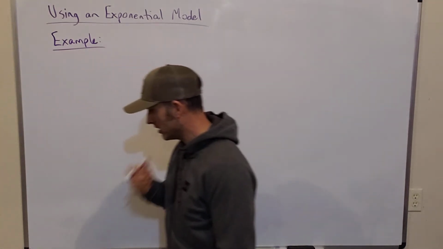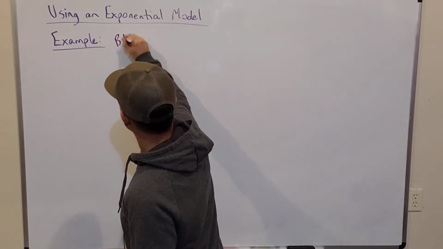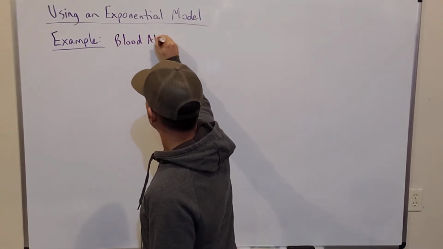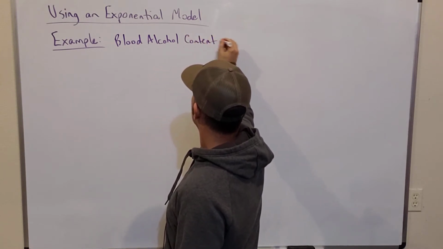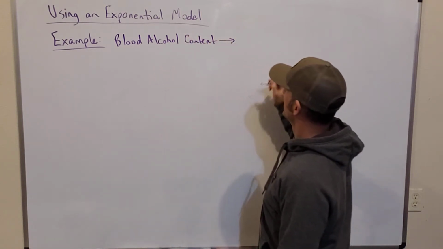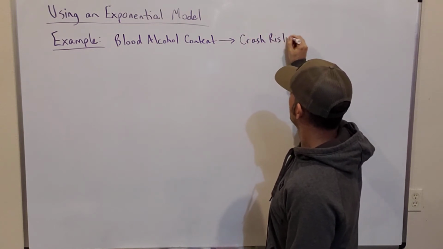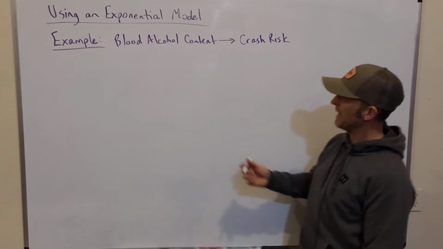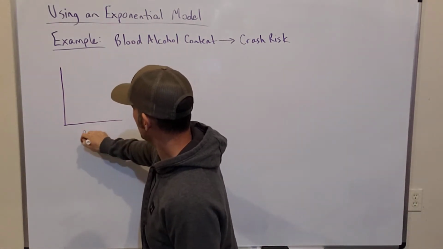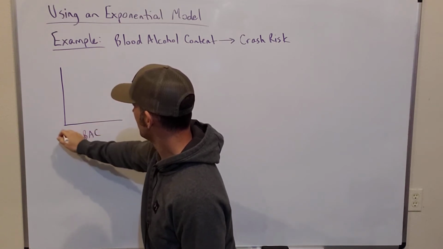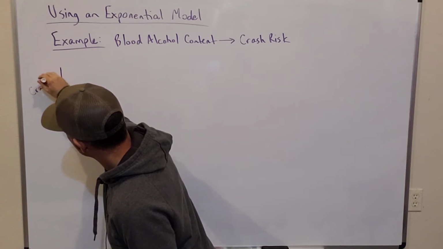So an example here might be: how does blood alcohol content, BAC, affect your crash risk when driving? If you imagine what the relationship might look like on a graph, you've got your blood alcohol content here and your crash risk over here.